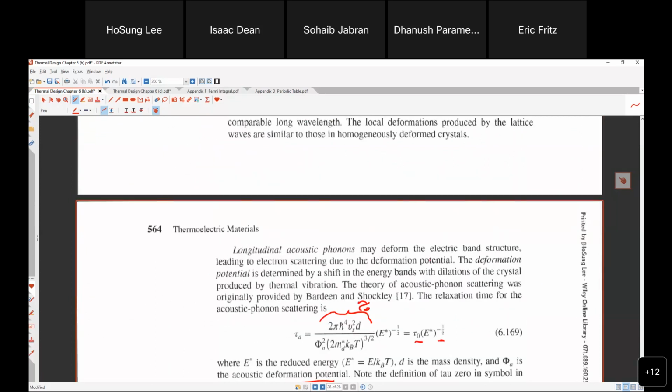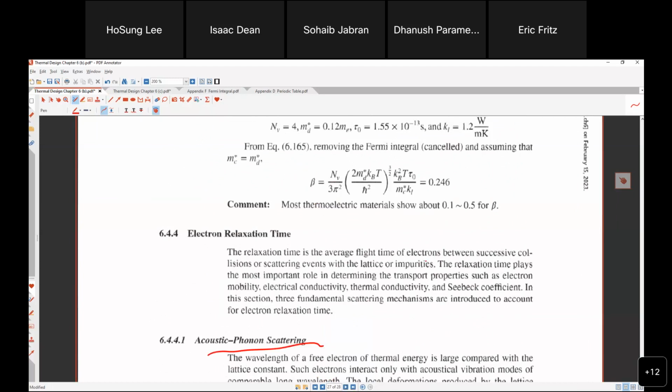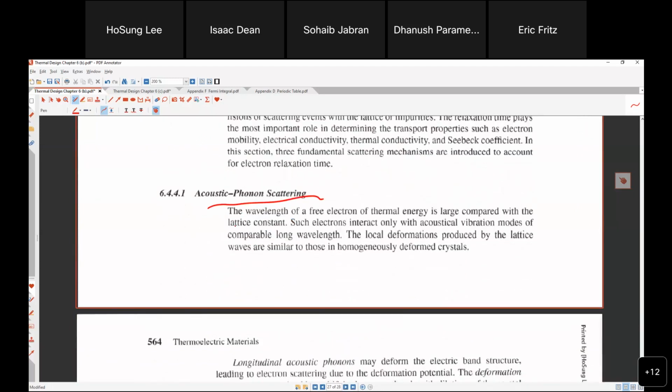So what is the meaning of acoustic phonon? Electron is a particle, and the phonon today is also a particle. We assume particle.